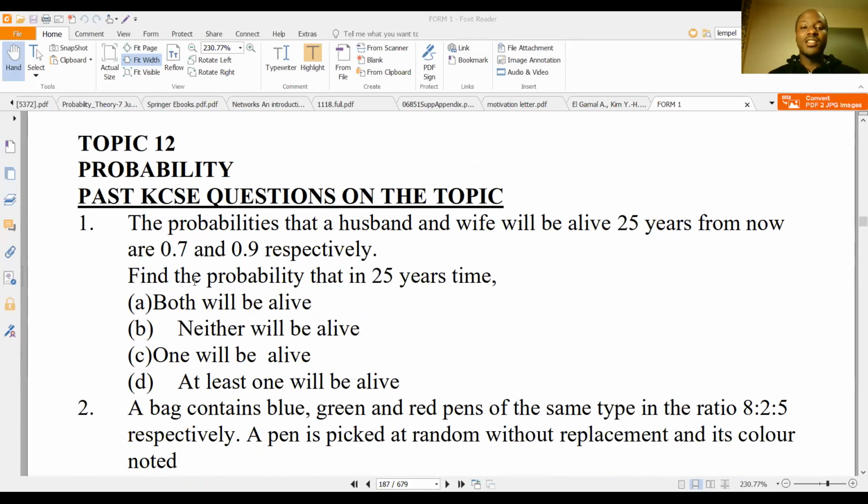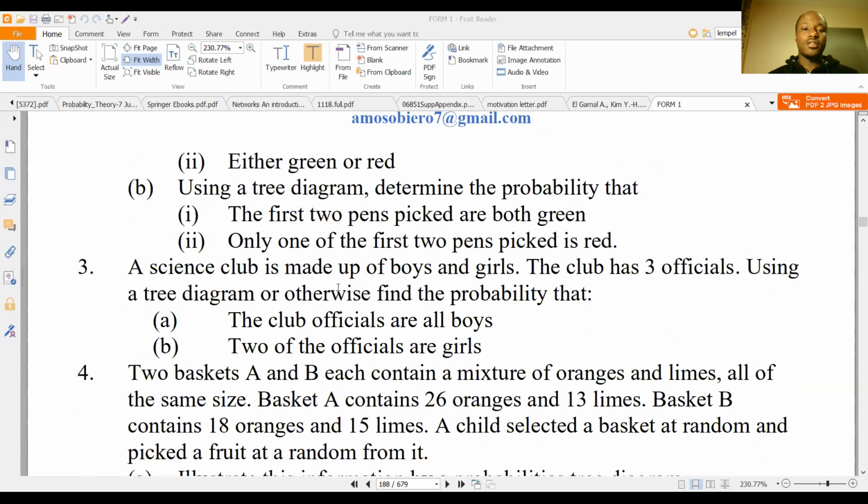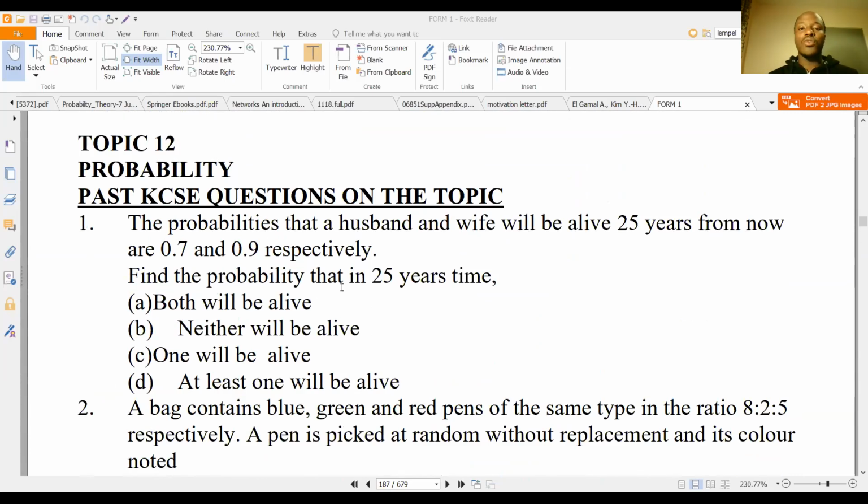Find the probability that in 25 years: A, both will be alive; B, neither will be alive; C, one will be alive; and D, at least one will be alive.